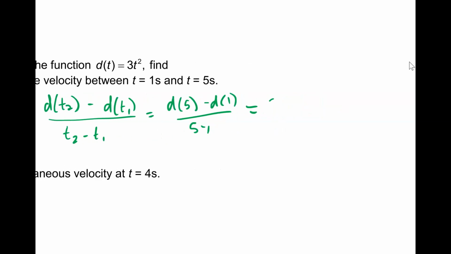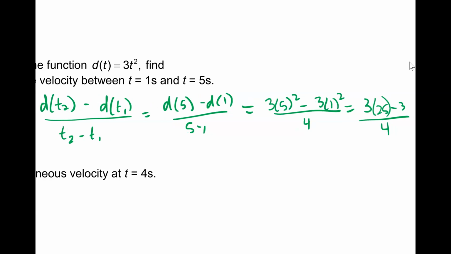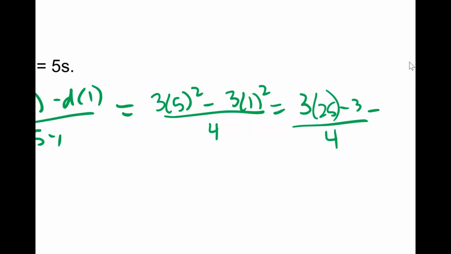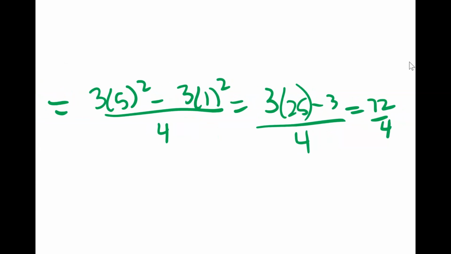So let's plug in. 3 times 5 squared minus 3 times 1 squared over 4. 3 times 25 minus 3 over 4. So 75 minus 3 is going to be 72 over 4. We can simplify this.